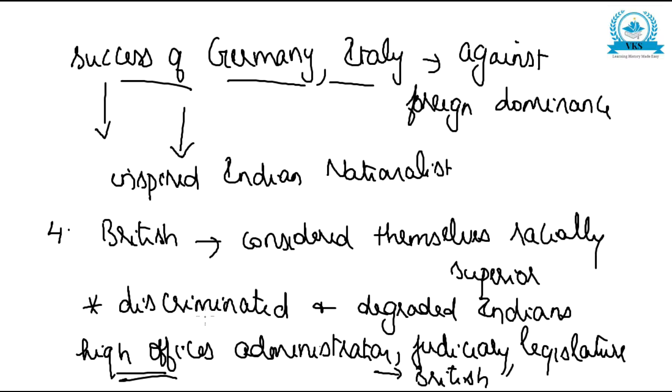So the British considered themselves as racially superior. They discriminated against and degraded Indians. All the high officers in administration, judiciary and legislature were with the British. So that also made the Indians upset and was a cause for the rise of Indian nationalism.